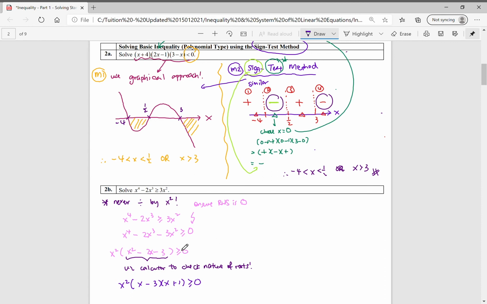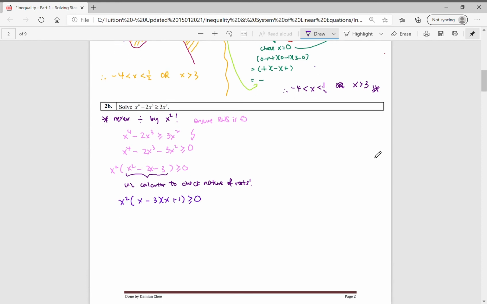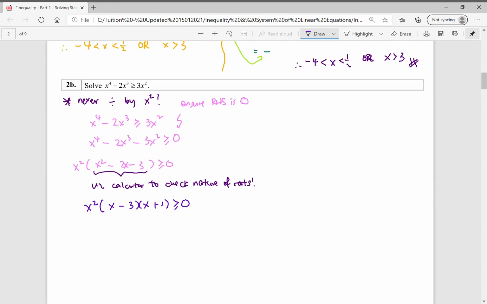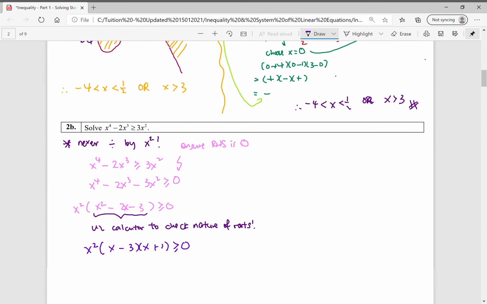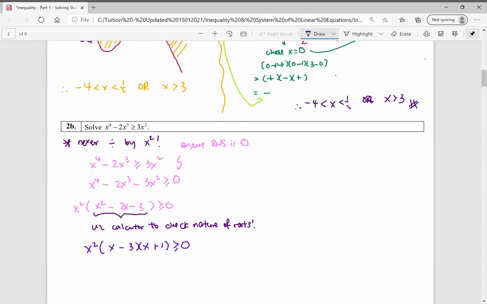As long as everything is factorized, we can now write down the roots properly, and we are going to practice our sign testing method again. I'm not going to use the graphical approach. So sign test method, I'm going to run through the whole thing again, just to see whether it is the same thing or not.